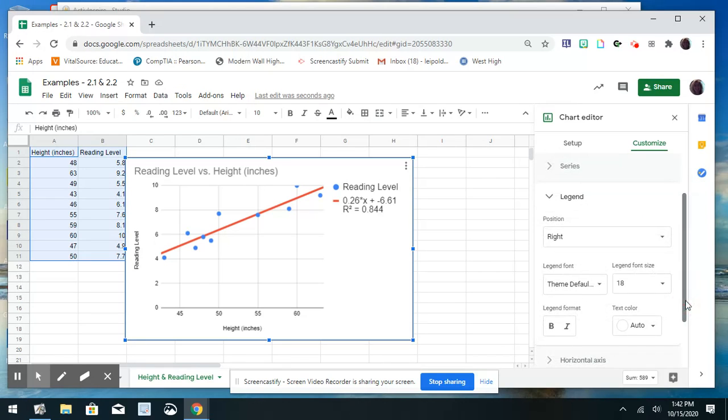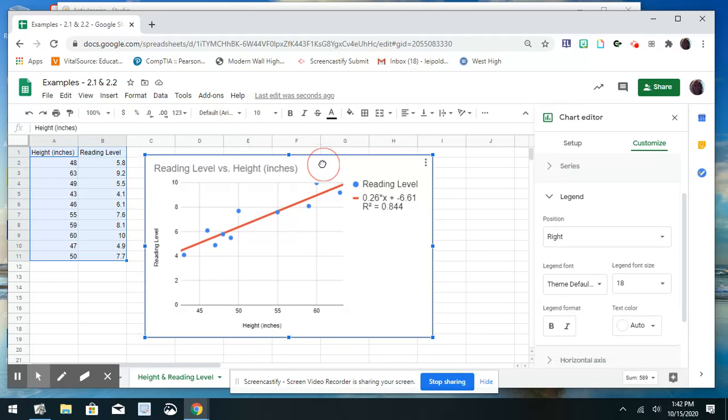Now the equation for this one is 0.26 times x minus 6.61. And we can use that equation, which would again be y equals 0.26x minus 6.61.